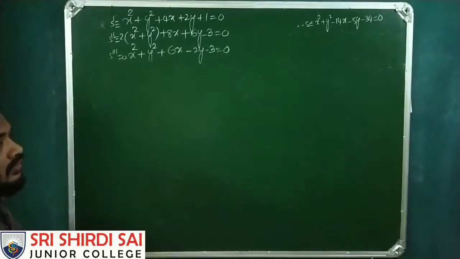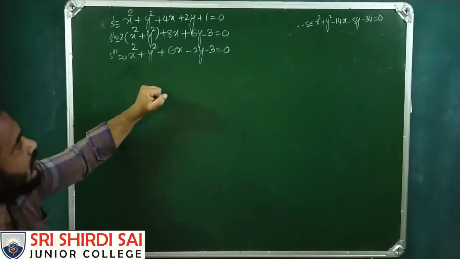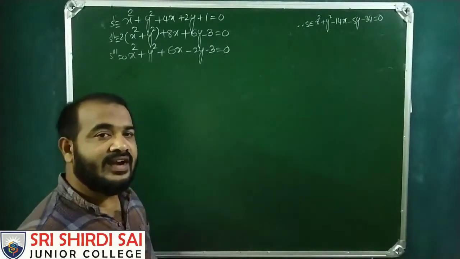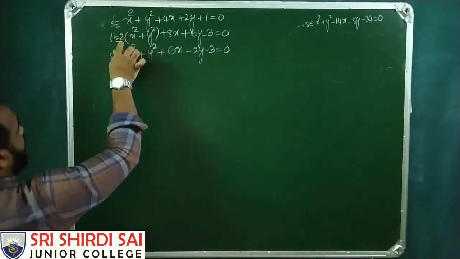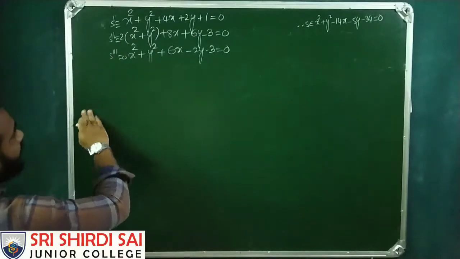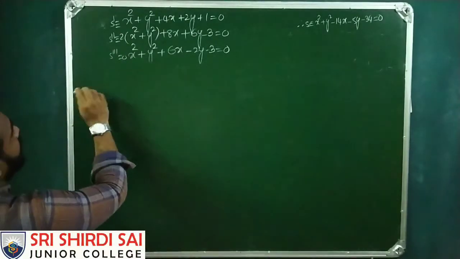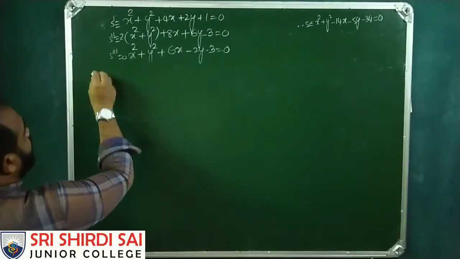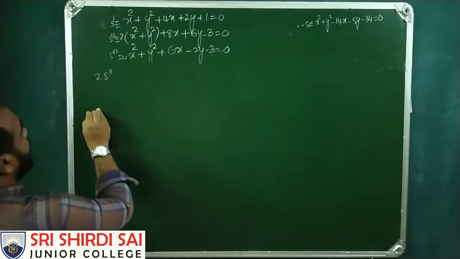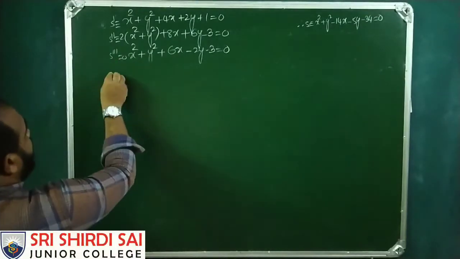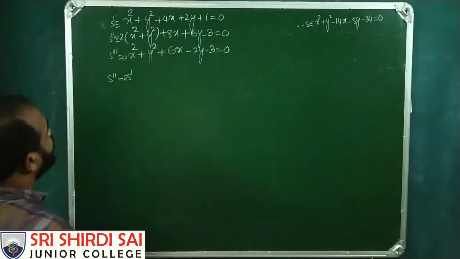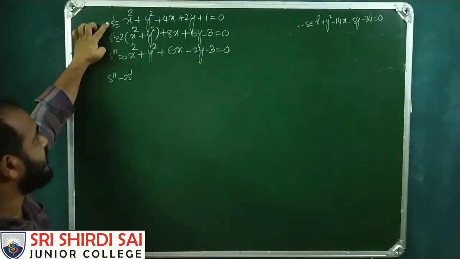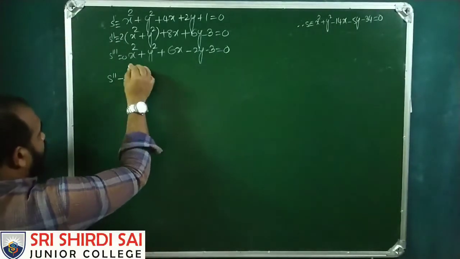Let us do the problem in the present method, that is radical axis, radical center type. So S', S'', S''' I have taken now. Let us do S'' minus S' equals to 0.